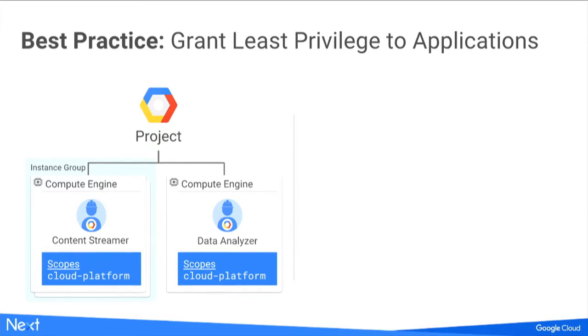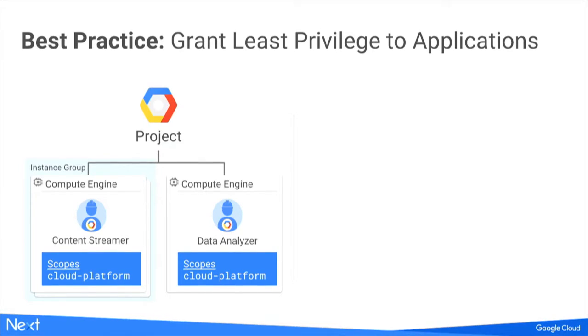So I've talked a little bit about least privilege to users. Also, least privilege is necessary for applications. Suppose that you have a content streaming company, and you want to both stream content and also do some data analytics, maybe understand which next piece of content to recommend, which ad to serve up, how to increase conversion.